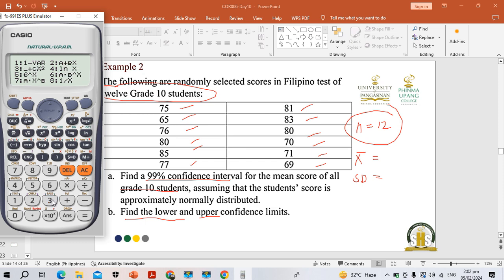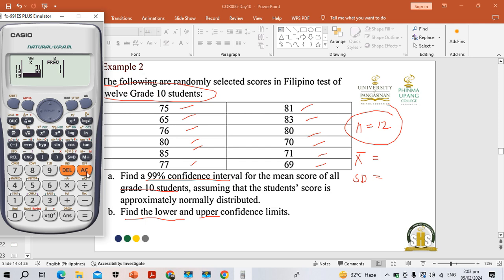Ilagay natin sa x: 75, 65, 76, 80, 85, 77, 81, 83, 80, 70, 71, 71, 69.